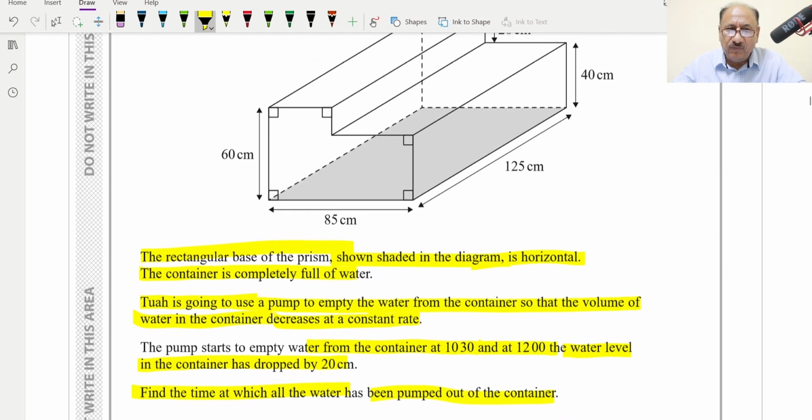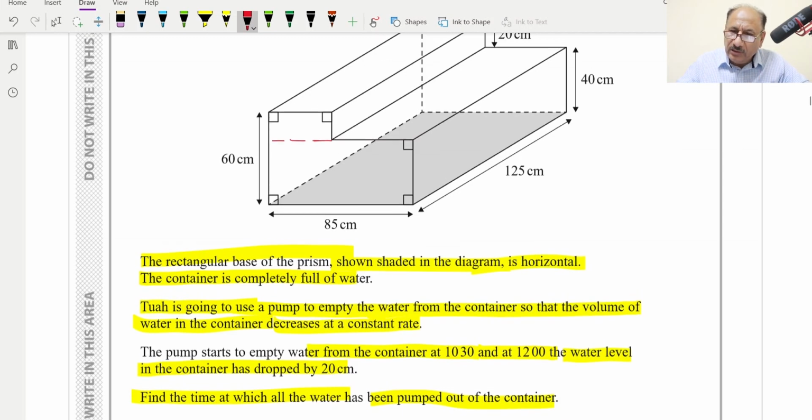So first of all, we will find the volume of the container, so that we can calculate the capacity of the container, how much water can be filled in this. So we can split this into two shapes, and this shape we can check.